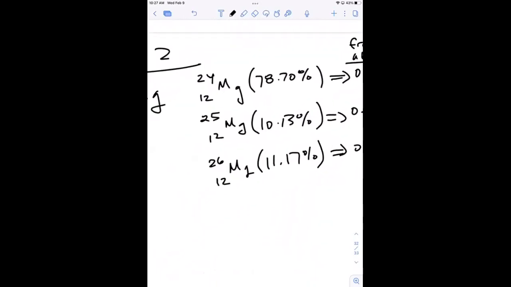We know what the atomic mass is for each one of these, 24, 25, and 26. The number is actually more precise than that, so we'll look at those precise numbers to do the calculation.